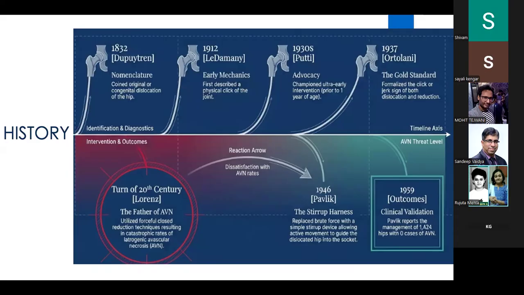In the 20th century, Lorenz used a reduction maneuver which was very forceful and caused AVN in many patients. That's why he is also known as the father of AVN. In 1946, Pavlik replaced brute force with a simple stirrup device, allowing active movements to guide the dislocated hip into the socket. In 1959, he validated Pavlik by reporting the management of 1424 hips with zero cases of AVN.